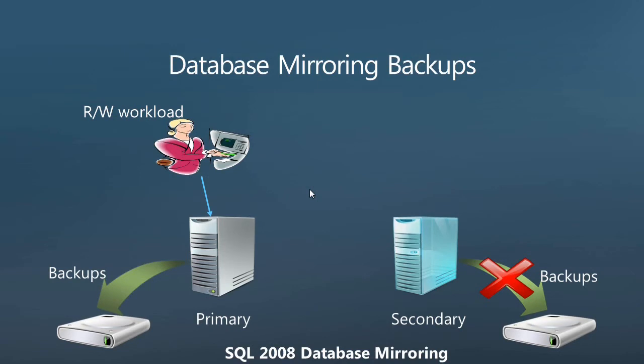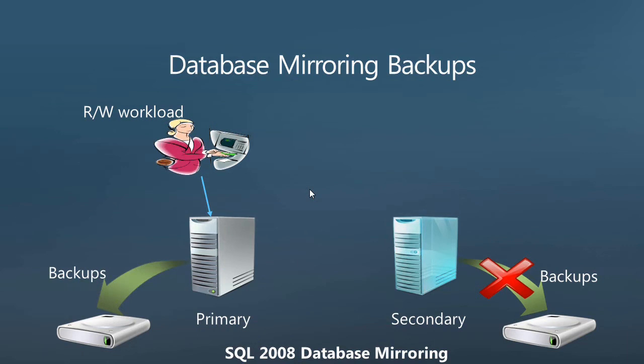Database mirroring backups: you have one primary, one secondary, primary and mirror in that terminology. Your read-write workload, along with any read-only workloads, is attached to the primary, and backups also run on the primary. If you try to do backups on the secondary, it doesn't work. The secondary's job is just to keep up to date.